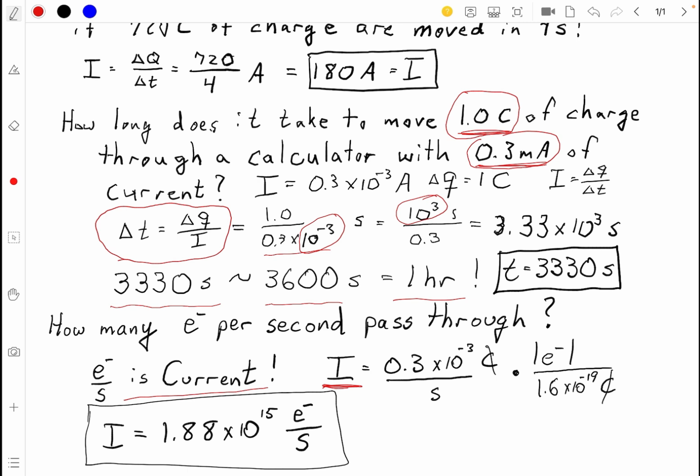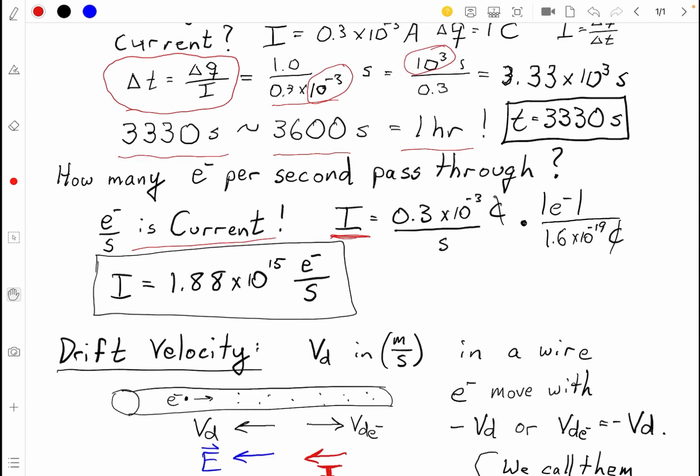That is 1.88 times 10 to the 15 electrons per second. So it's a lot of electrons per second, but electrons are so small that that doesn't really add up to very much. So that's kind of nice.